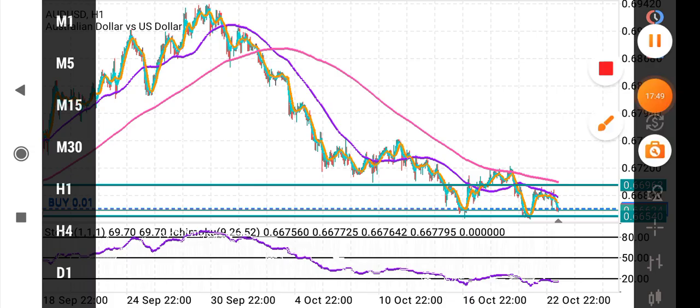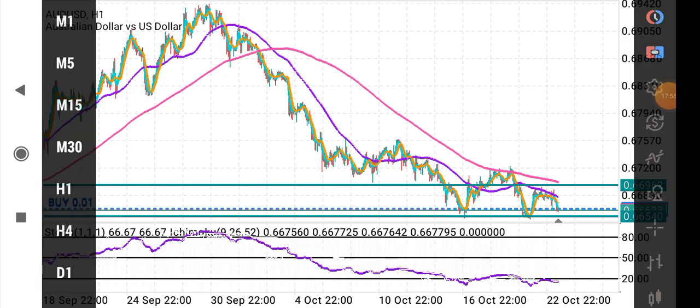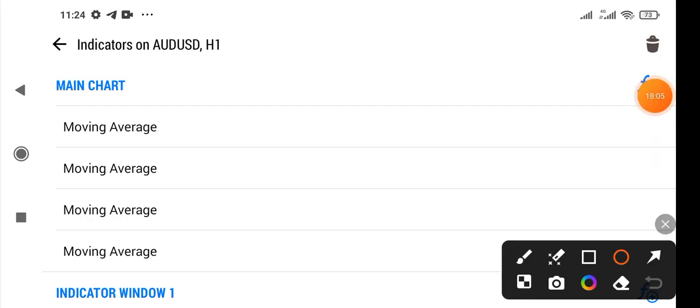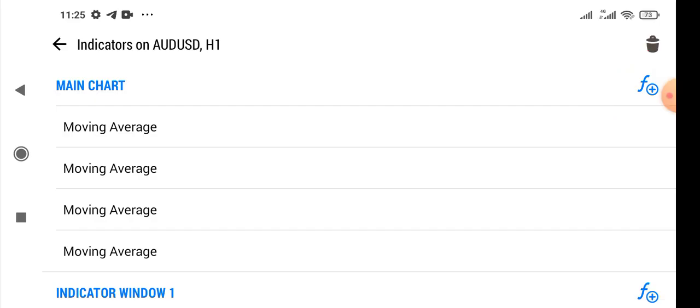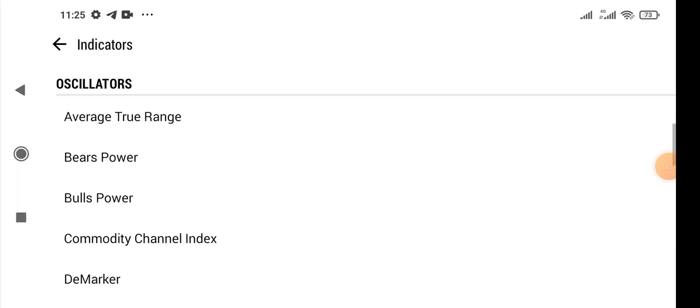I will draw it here. Sorry. So we have this sign, and then when you press it, you come to this F. You press that F toward any indicator that you want. If I press it like that, then I'm able to access the indicators.